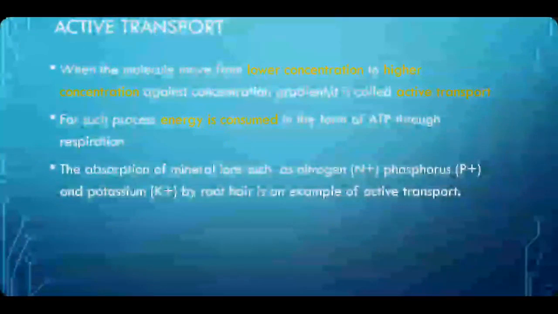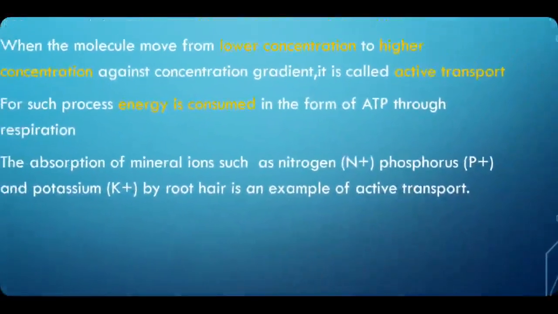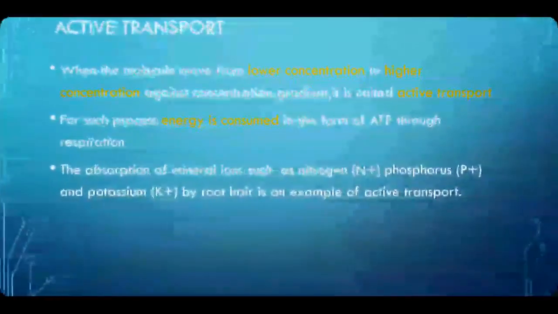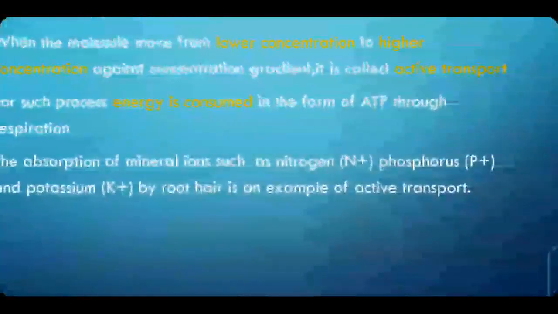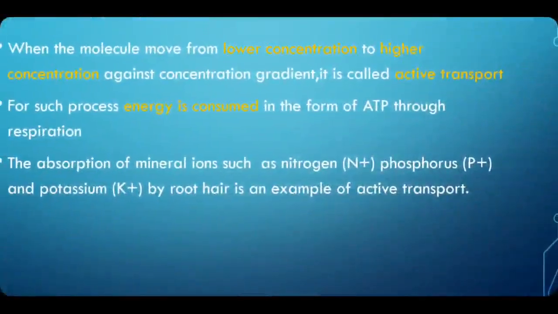It means it is working against the concentration gradient. This is called active transport because it needs extra energy. There is expenditure of energy in the form of ATP. The cell gets this energy from mitochondria or chloroplast, because they produce ATP.